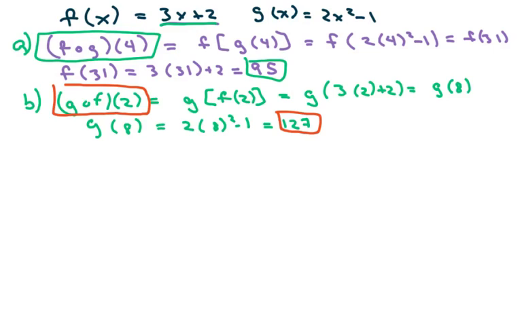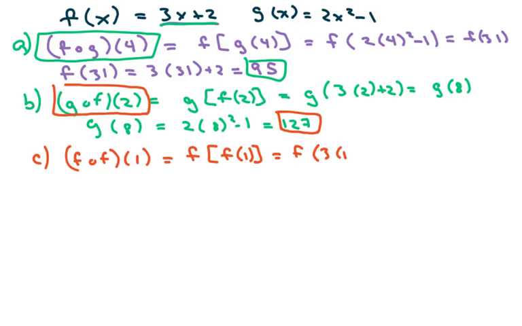The next one we have is c, which is f of f of 1. So that's f composed with f of 1. Plug in 1, and that's going to give us f of 5.